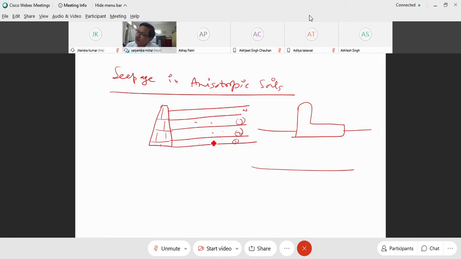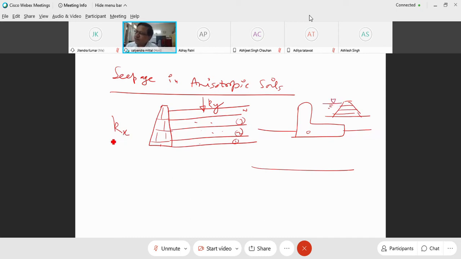So what happens after the compaction? It has certain permeability. Permeability can be in X direction, which is called Kx, and permeability can also be in Y direction. This is Ky. It can be a retaining wall, or instead of a concrete dam, it can be an earthen dam also, which is made of soil only, no concrete, no steel. Here also this is compacted layer by layer, and this is supposed to store water.